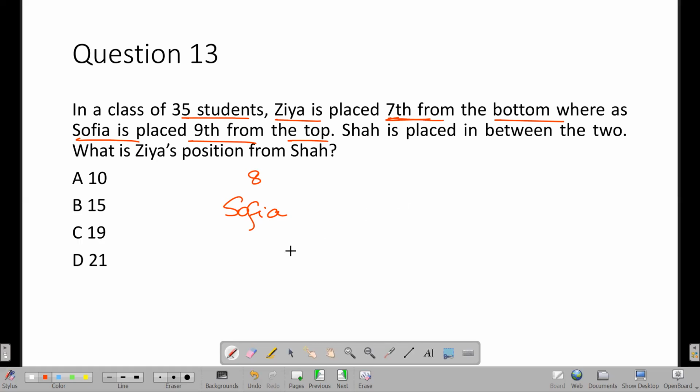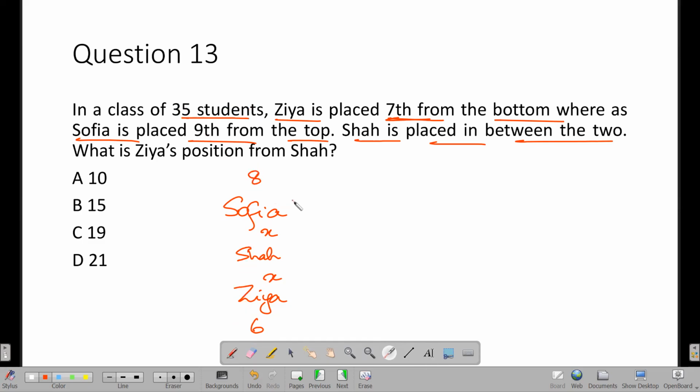Ziya is 7th from the bottom, so you can consider Ziya. 7th from the bottom means following Ziya, there should be 6 people. It is given that Shah is placed in between the two. So I can consider Shah here. In between the two means he is equidistant from both Sofia and Ziya. So let us consider that between Sofia and Shah, X people. Between Shah and Ziya, X people. Got it? Total, if you add, it should be equal to 35.